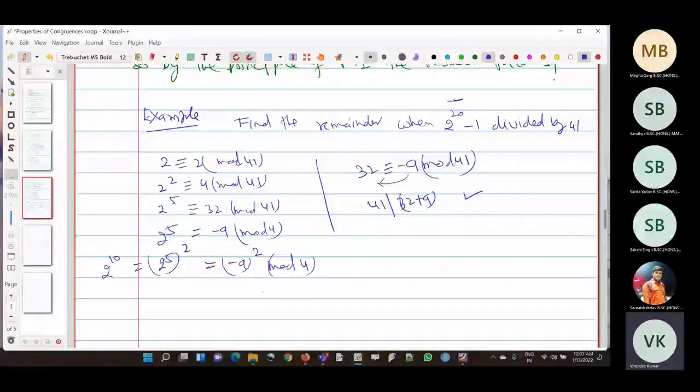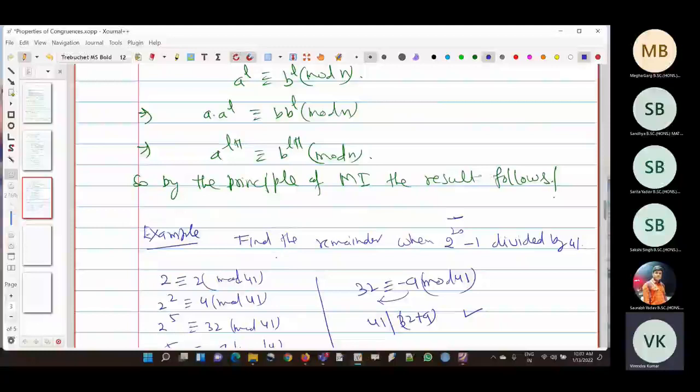And this we can do because of the property that allows us to take integral powers: if a is congruent to b, then a to the power k is congruent to b to the power k modulo n, where k is a natural number.